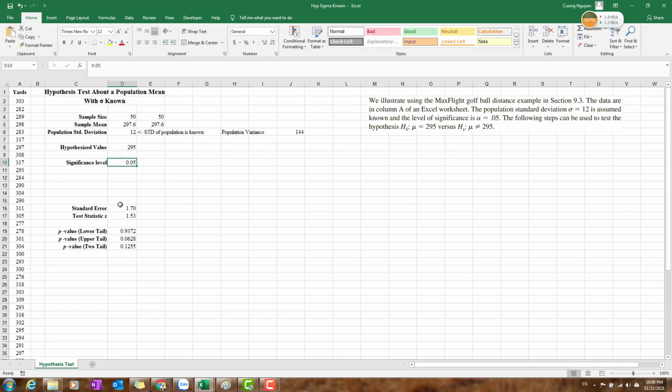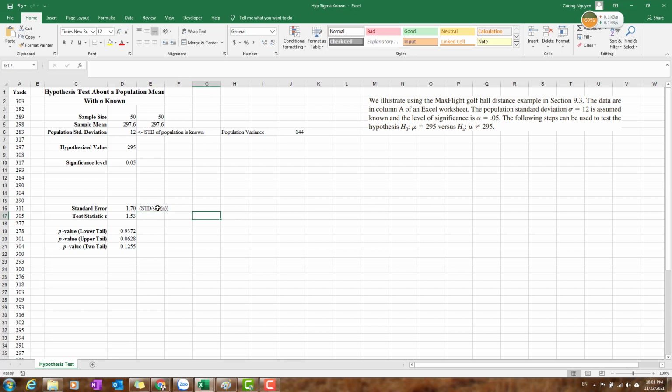Standard error. How are we going to do it? Remember the formula for standard error: it equals the standard deviation divided by the square root of the sample size.